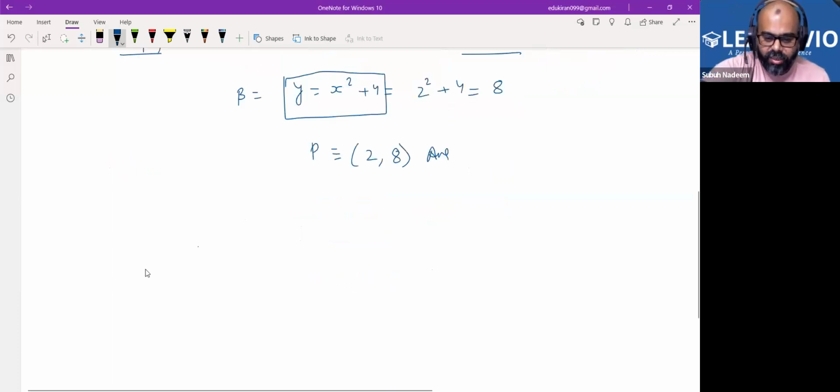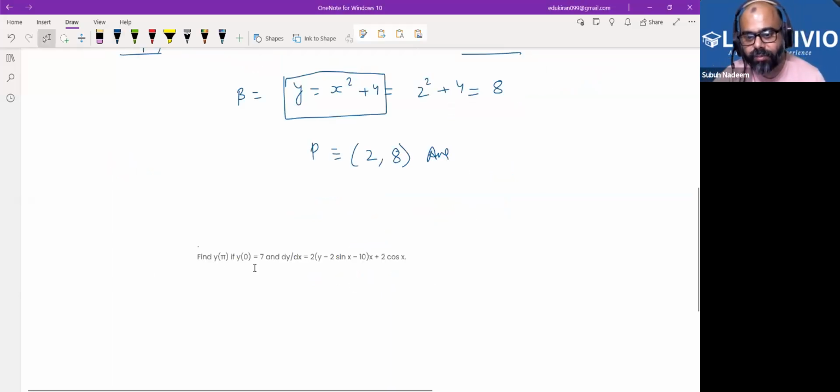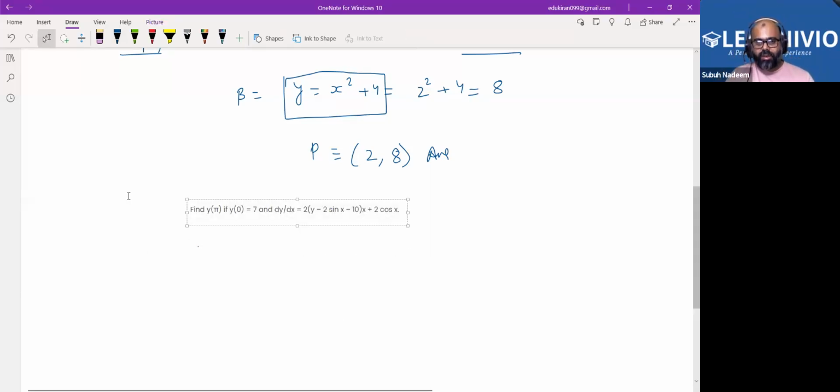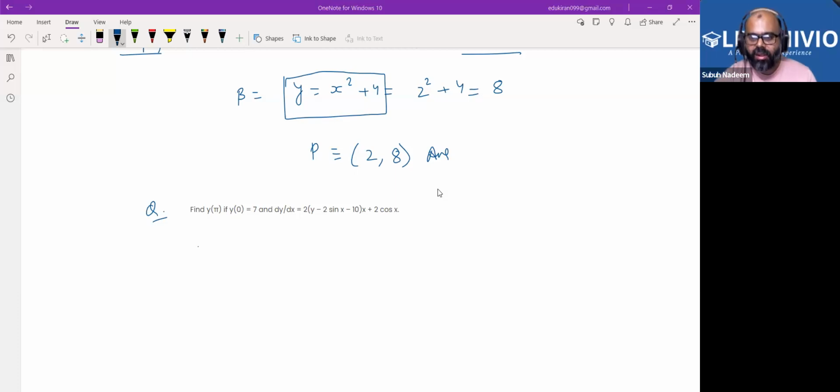So try this next question, then we will discuss this. This question here says that find y(pi), that is the value of y at x equal to pi, if we have dy by dx is this.